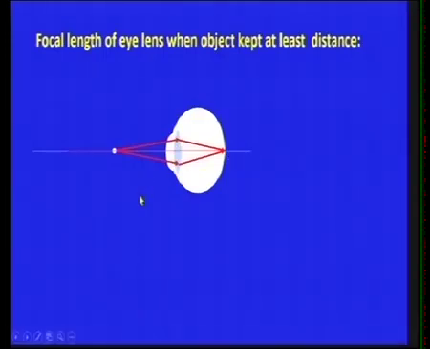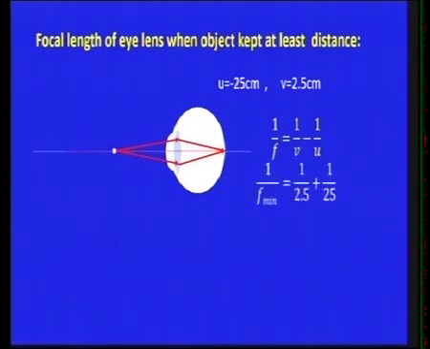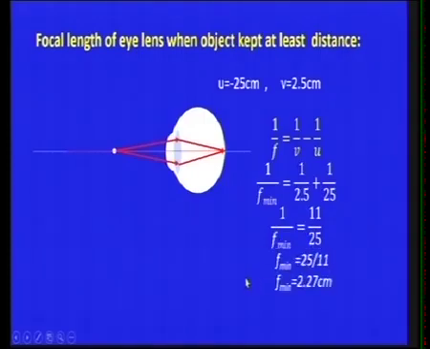In this situation, the object distance is 25 centimeters because it is the standard value taken for a healthy human eye, that is u = 25 centimeters, and image distance is v = 2.5 centimeters. Substitute in the lens formula: 1/f minimum = 1/2.5 + 1/25, and calculate the value as 1/f minimum = 11/25, then f minimum = 25/11, then the answer is 2.27 centimeters.